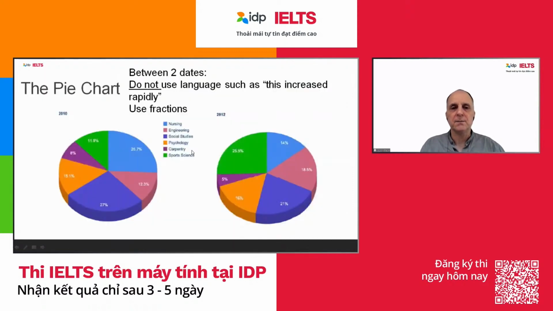Pie charts. Okay. So be careful about these, because be careful with language. This increased rapidly on this. So careful about those. Use fractions, but not just fractions as well. Okay. Remember, it is over time. And we're just describing between these.